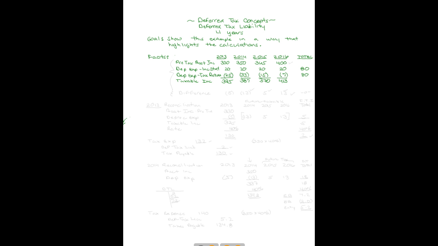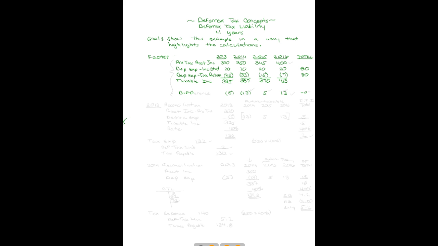What is the difference between those two depreciation methods? Well, 20 minus 25, the difference is 5. I took 5 extra on my tax return in 2013. 20 to 33, I took 13 extra that year. 20 versus 15, I took 5 less in 2015, and in 2016 I took 13 less.